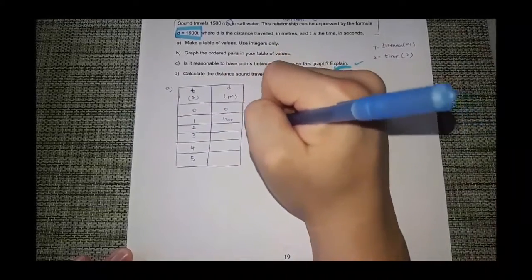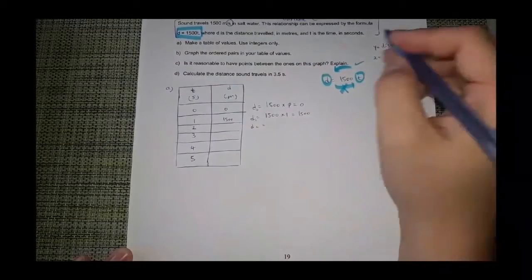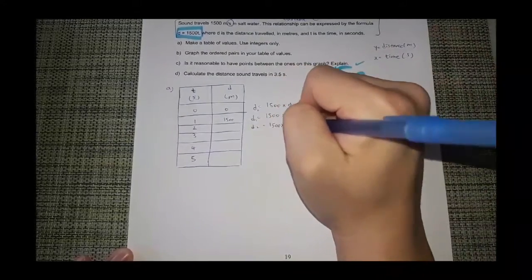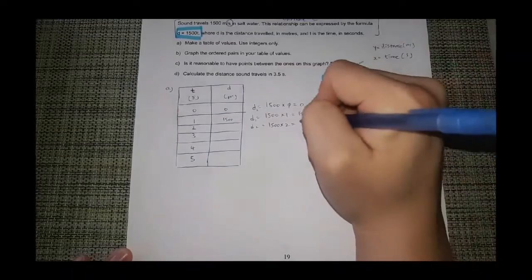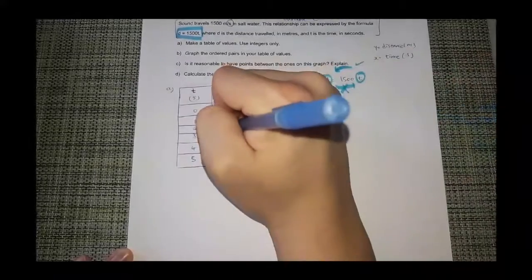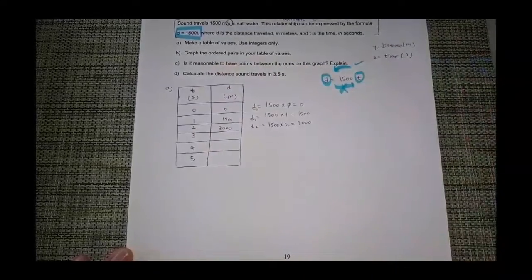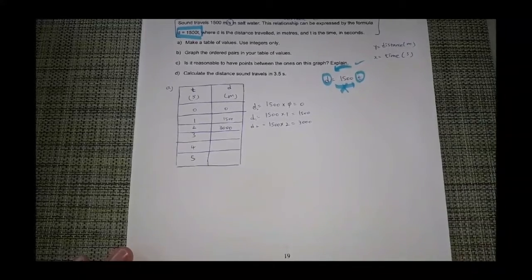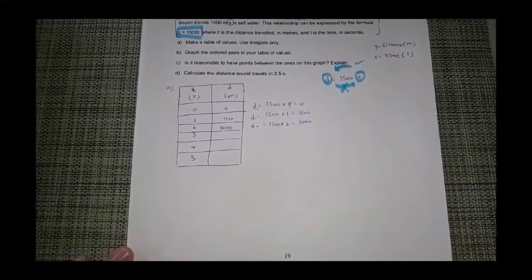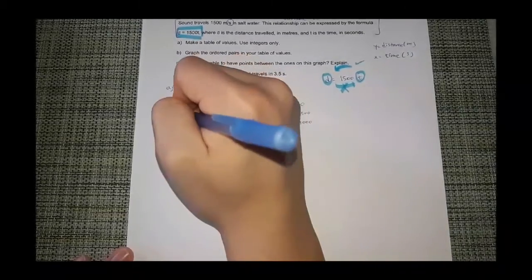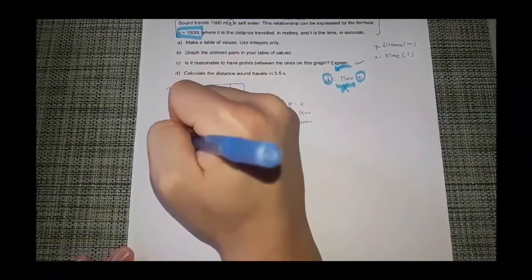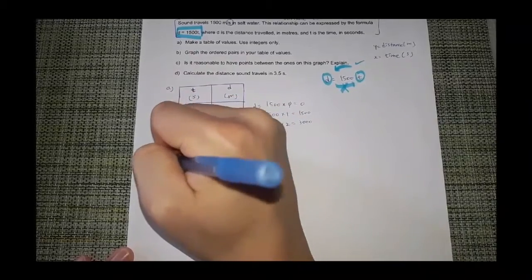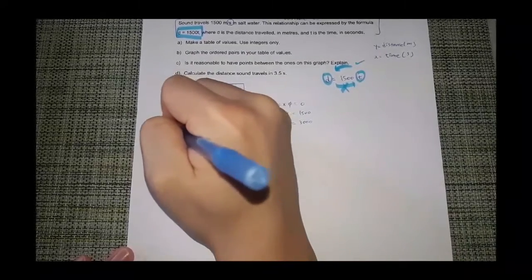For the second one, when t was 1, t is 2 now: 1,500 times 2 is 3,000. Generally, like I mentioned, I substitute about 2 or 3 data points, and then I go through the pattern. The t part is easy because we created a pattern: every time we increase things by 1.